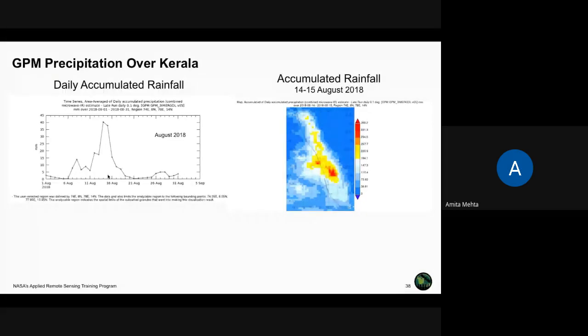As you can see, this is from GPM. You can see how precipitation peaked in this area. Almost daily precipitation was about 40 to 45 millimeters in these 2 days. This is again integrated over entire state, and then this is accumulated rain between 14th and 15th of August 2018, again from GPM.